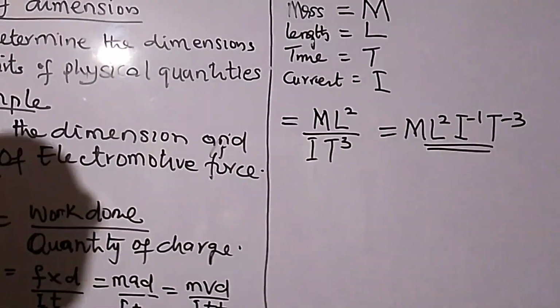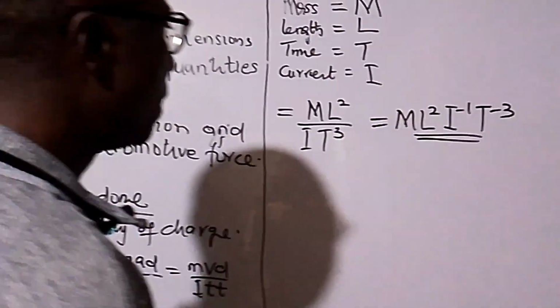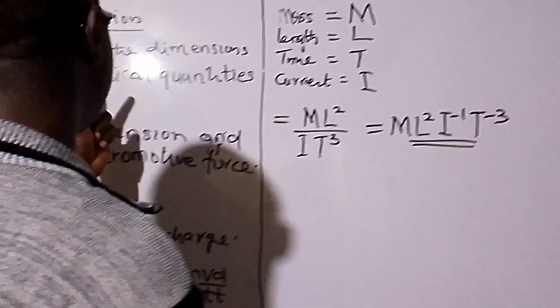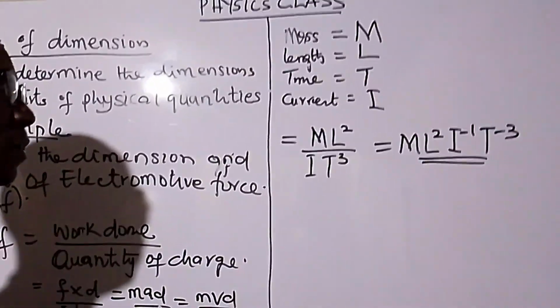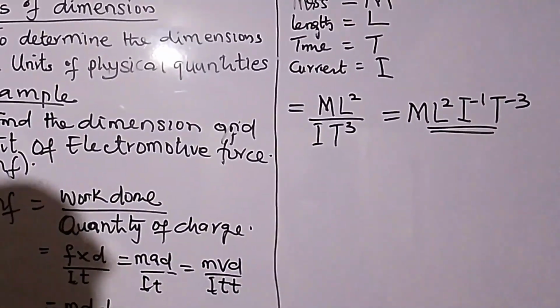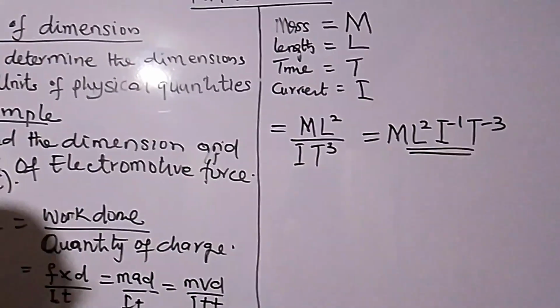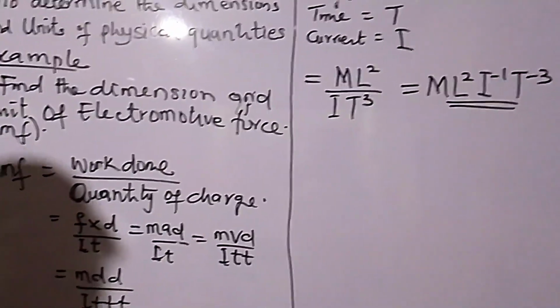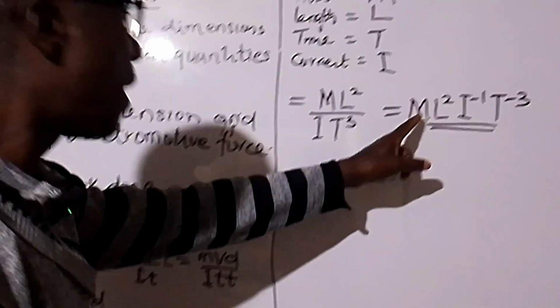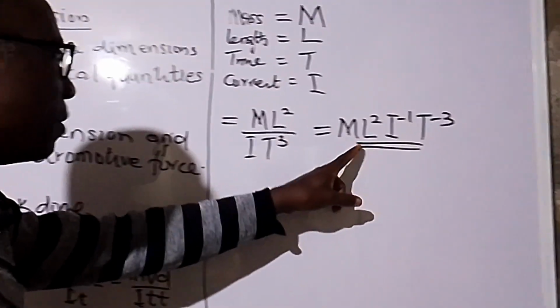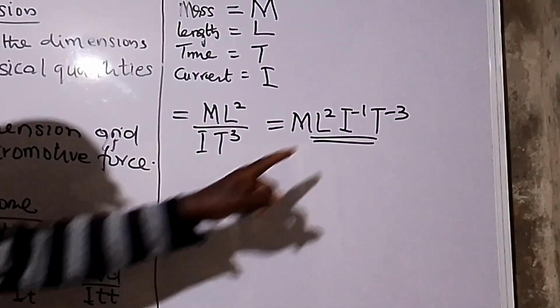Now, if you can still remember what we did last, what is dimension? That is the power to which the fundamental units of mass, length, time, etc. must be raised to form a physical quantity. You can now say that the power of M now will be 1.